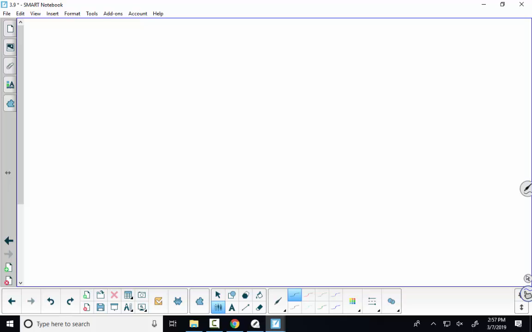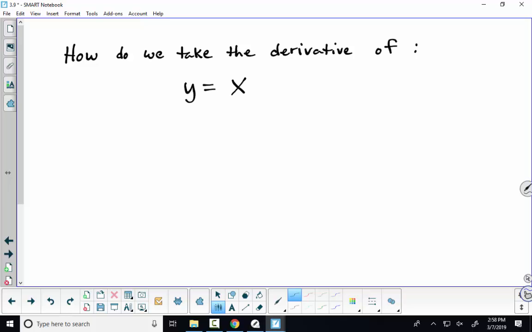Well, so another type of function that shows up in 3.9 and elsewhere. So let's ask the question, how do we take the derivative of y equals x to the power of x?